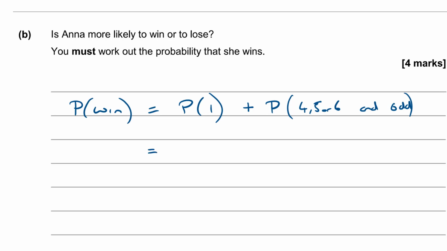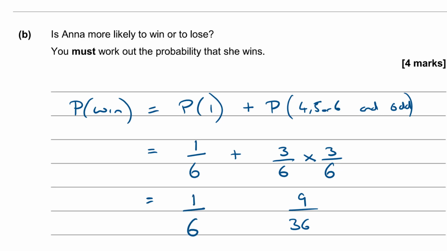So the probability of rolling a 1, that was just simply 1 out of 6, plus the probability of getting a 4, 5, or 6, that was 3 out of 6, wasn't it? And means times in probability, odd, so that was 3 out of 6 as well. So I've got 1 over 6 plus 3 over 6 times 3 over 6. So 3 over 6 times 3 over 6, that's going to be 9 over 36.